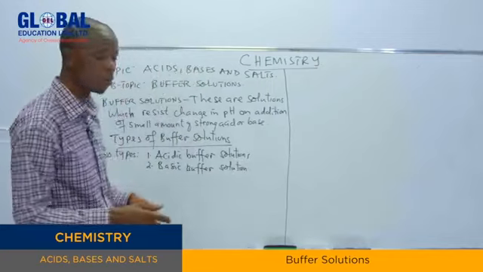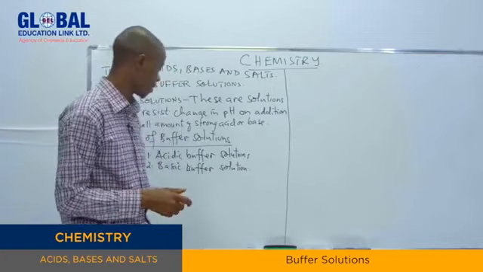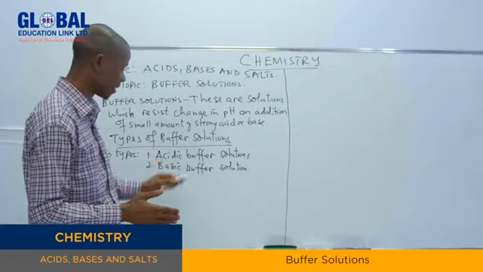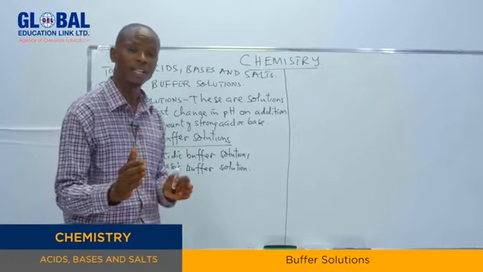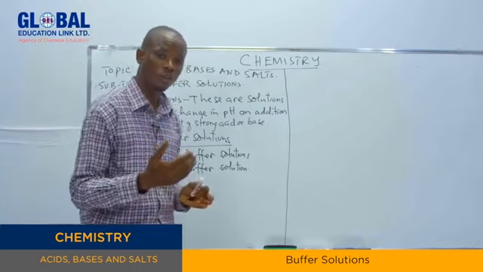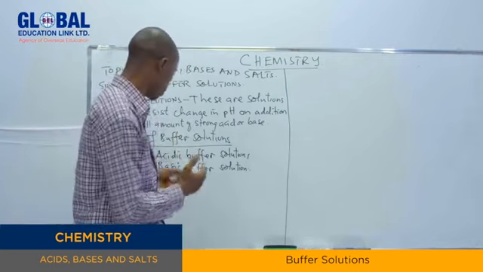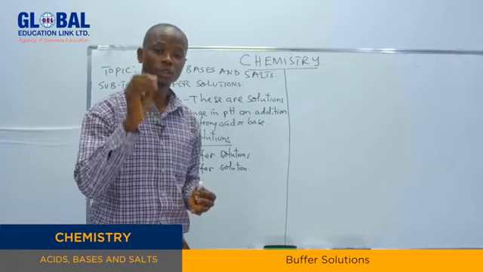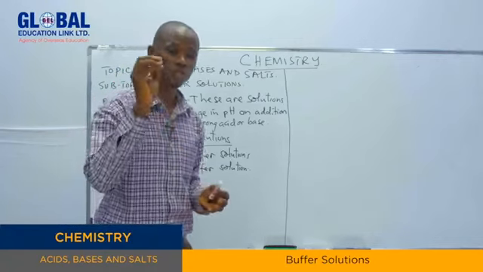These are the two types of buffer solutions that we have. Let us discuss one after another in brief, and see the selection of a good buffer mixture for each particular part. But specifically today, we are going to deal with the acidic buffer solution.